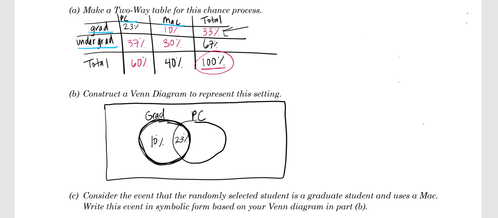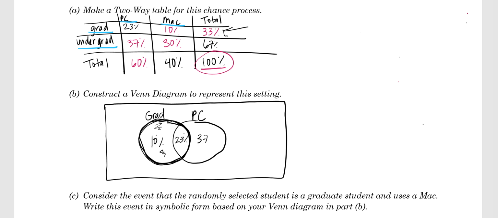So that's why this needs to be 10%. Also, think about it. The rest of this circle represents graduate students who do not have a PC. And so that would be graduate students who have a Mac, which is 10%. Okay? So by that same token, for the rest of my PC circle, be careful, what should that be?